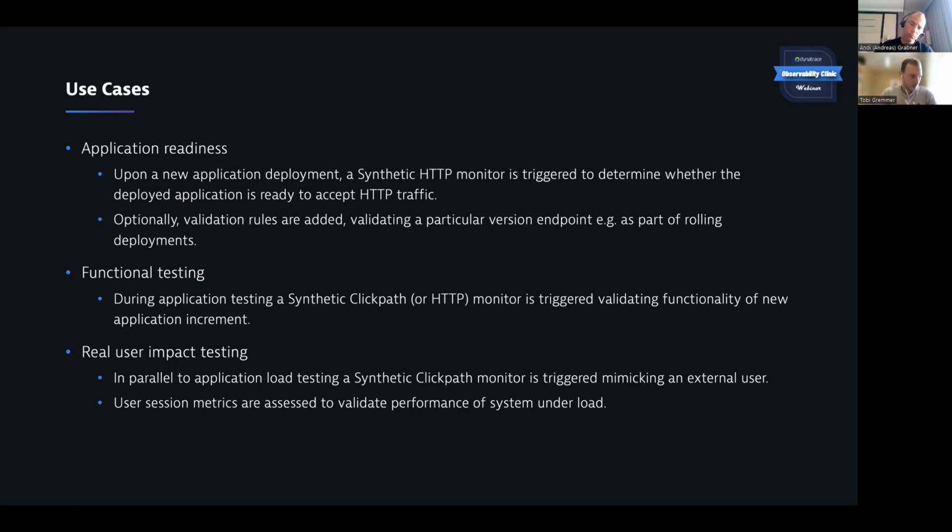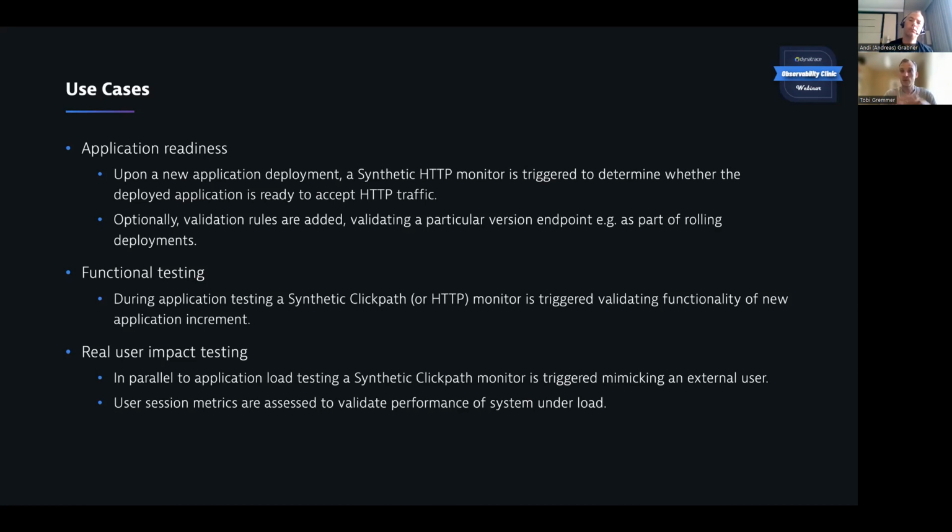Well, first of all, in no particular order other than what makes sense in my head for it to occur as part of an automation workflow, at the very beginning we can test application readiness. So a new artifact is built, a new artifact is deployed, it's made available somewhere. How do we know that artifact is ready?